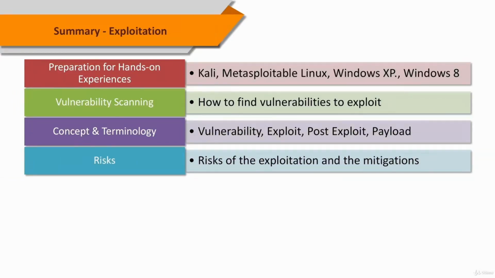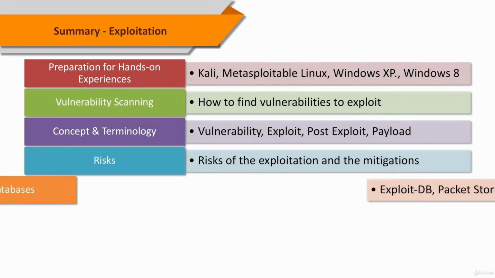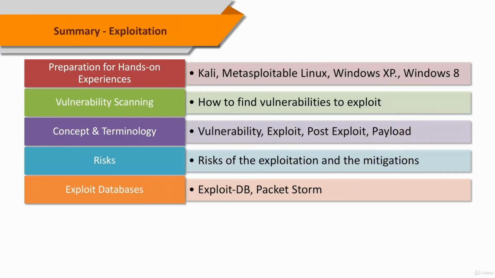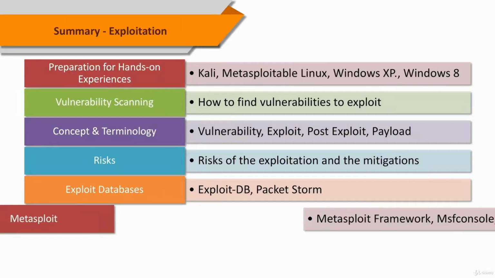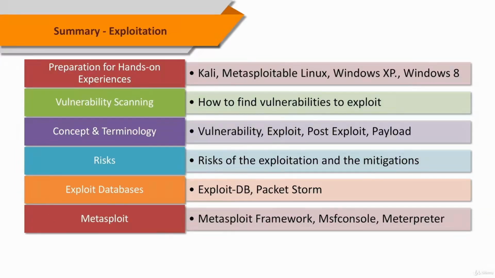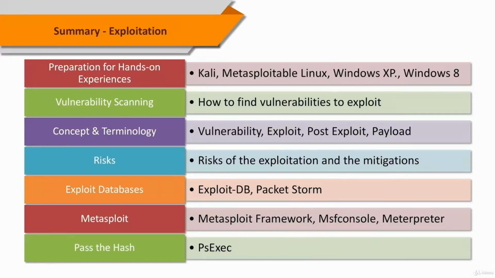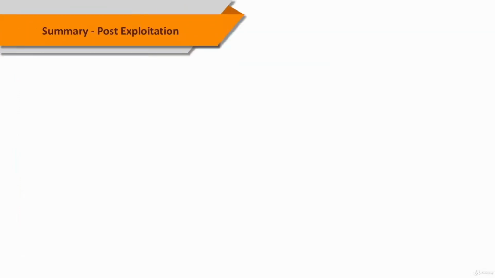So we learned the risks of exploitation and how to mitigate them. We talked about exploit databases and how to find the exploit codes. Then we started to exploit systems using one of the most famous exploitation frameworks, Metasploit. And the last lecture of exploitation was Pass the Hash, a genuine way to exploit systems even though they don't have any vulnerability.